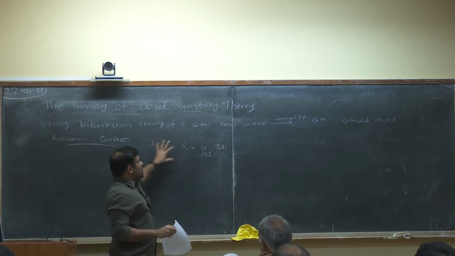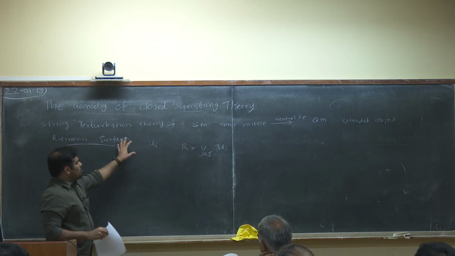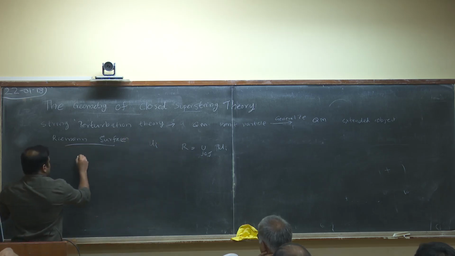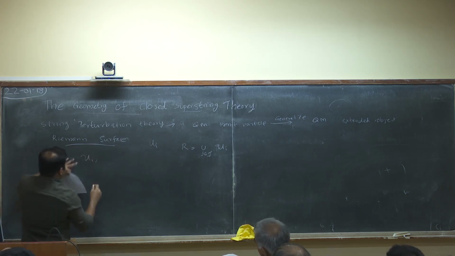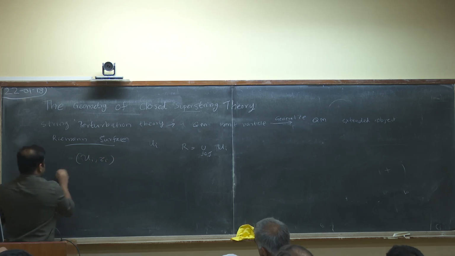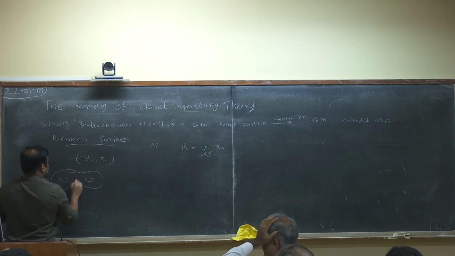Now, since you have different patches, you should know how to glue these different patches. In each patch, you can define a coordinate. So in the patch Ui, you have a coordinate ci. So from the Riemann surface, you have several patches. This patch I call Ui.